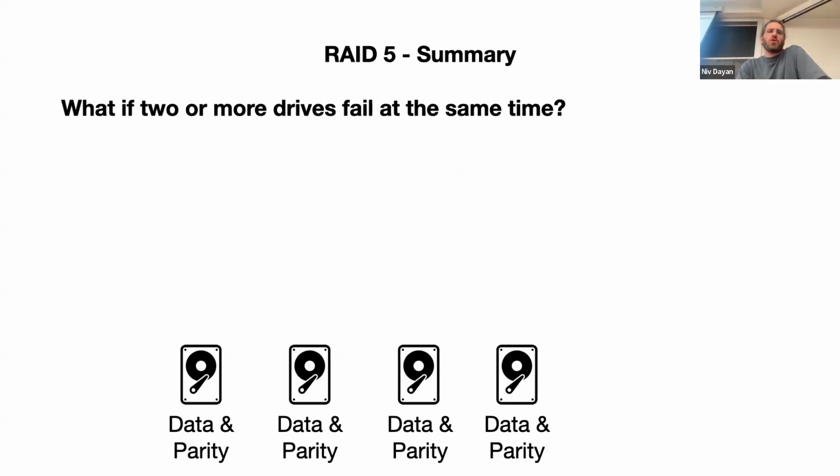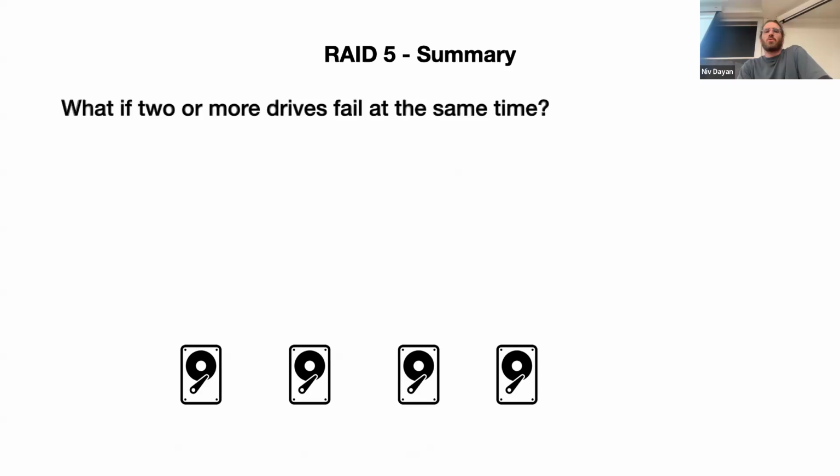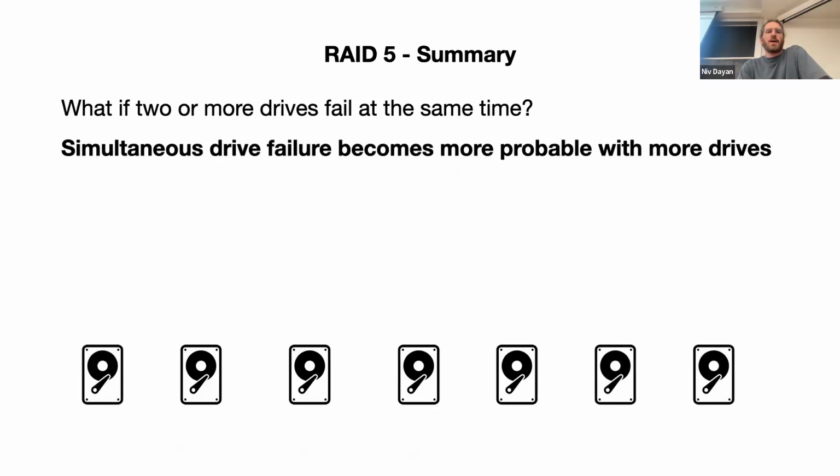So what if two or more drives fail at the same time? This is exactly the point that was brought before. The thing to note about simultaneous drive failures is that if you have a lot of drives in your data center, they can actually become quite probable. Imagine that you have an array of hundreds of disks, or maybe tens of disks. The probability that any two of them fail at the same time is not negligible when we're talking about many drives running for a very long period of time.